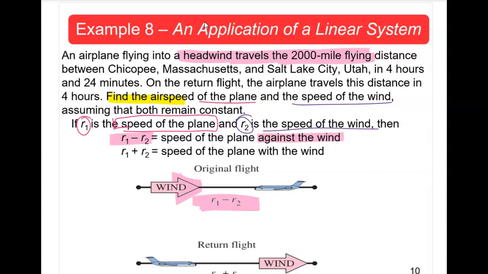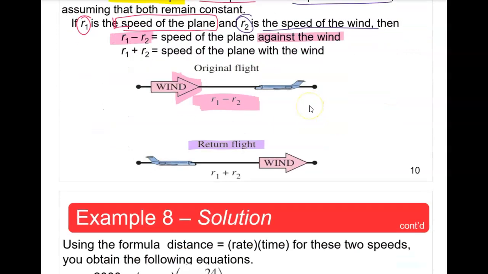Then the return flight was in the same direction, so it was with the wind. And for that reason, the 2 speeds act with each other, and I guess you get a little extra speed there.